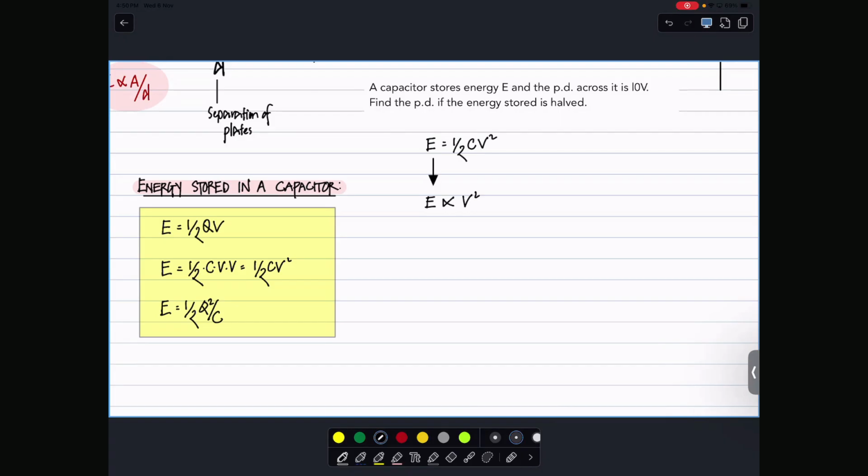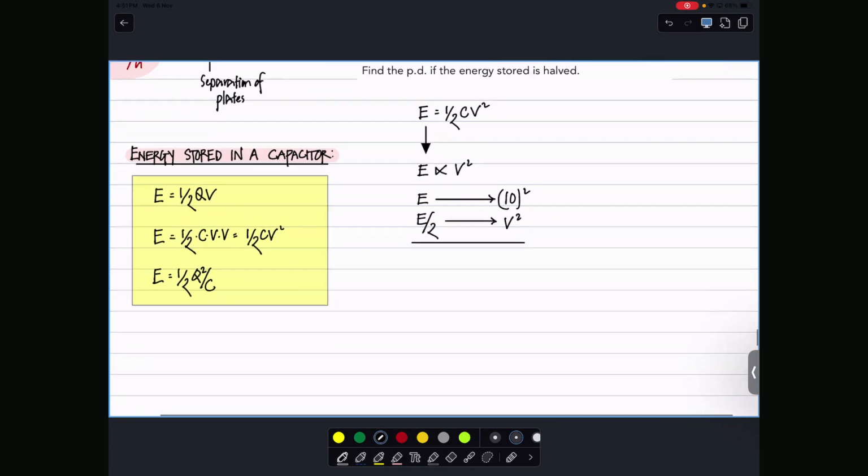So how do we do the unitary method? If your energy was E, it had a voltage of how much? 10 volts. And since it's directly proportional not to 10 volts but to what? 10 square. Then if the energy is E by 2, what should the voltage square be here? 10 by 2 whole square.